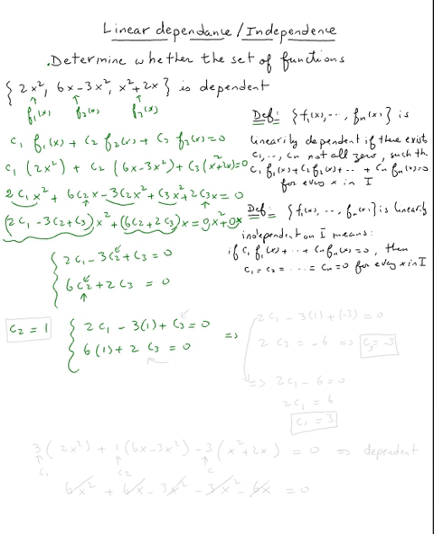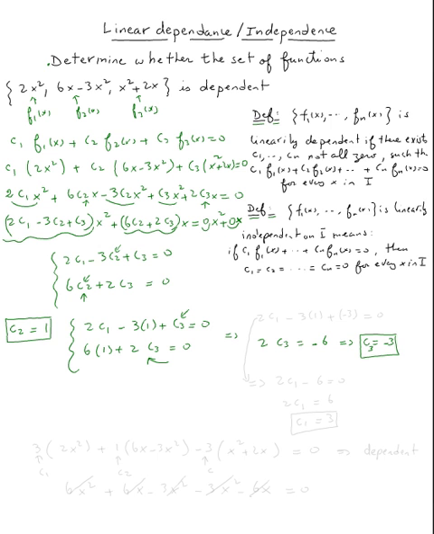So let's start with the bottom one. The bottom one gives us 2c3 is equal to minus 6, which means c3 is equal to negative 3. So we found c3. We already assumed c2 is 1. Now we need to find c1.